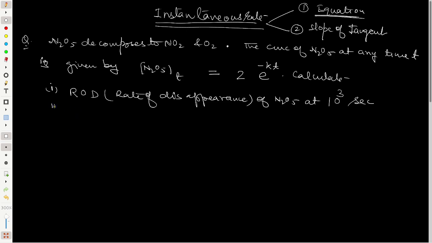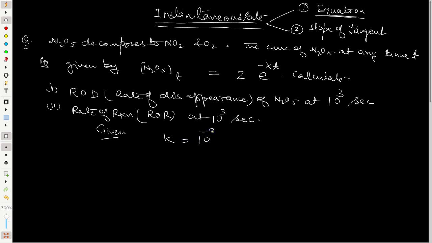And number 2, the rate of reaction at 10 to the power 3 second. Dear friends, one value should also be given to you, the value of k, and given k is equal to 10 to the power minus 3 per second.